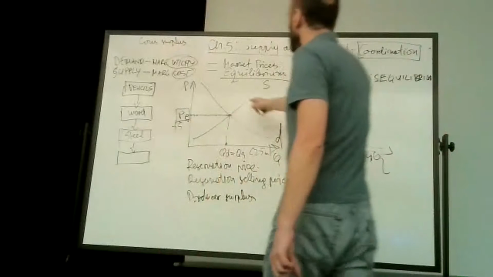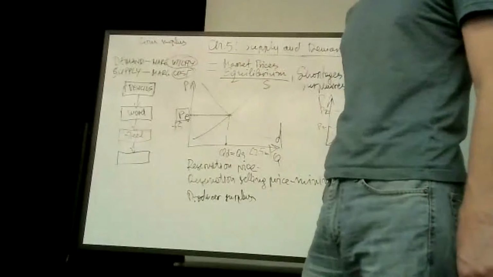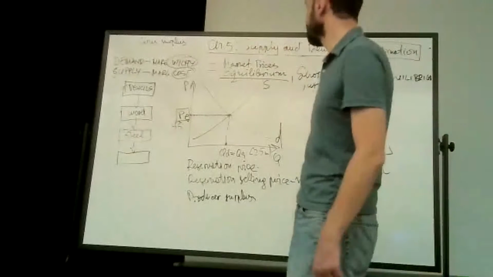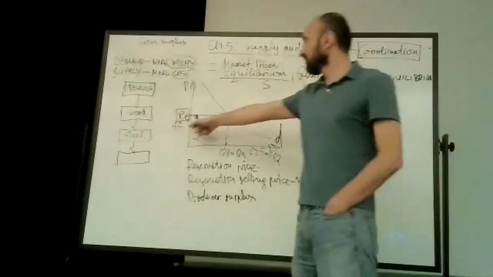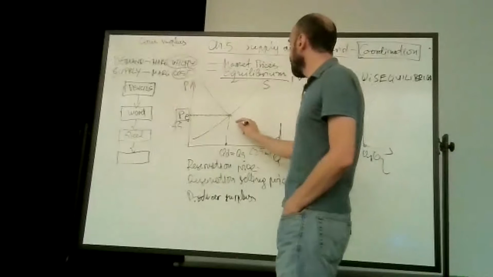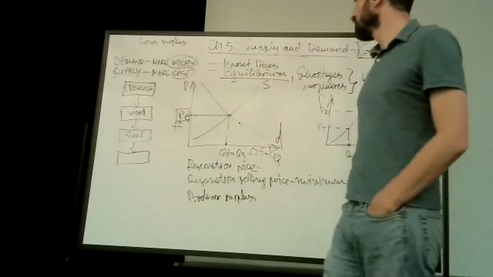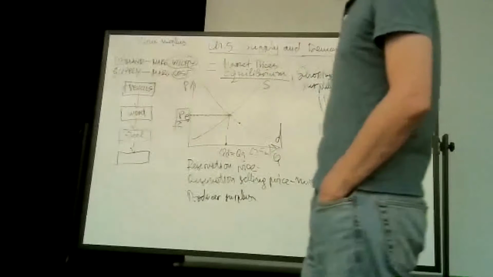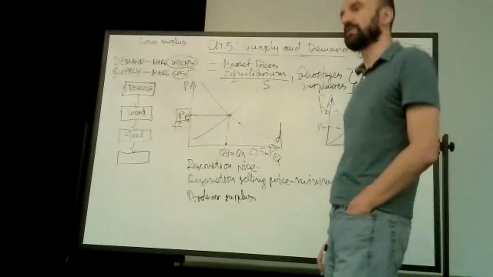Which suppliers and which demanders will be exchanging goods here? Look at the demand curve and the supply curve. At this equilibrium price, will somebody here on the demand curve, whose maximum buying price is three and a half, participate in the market?